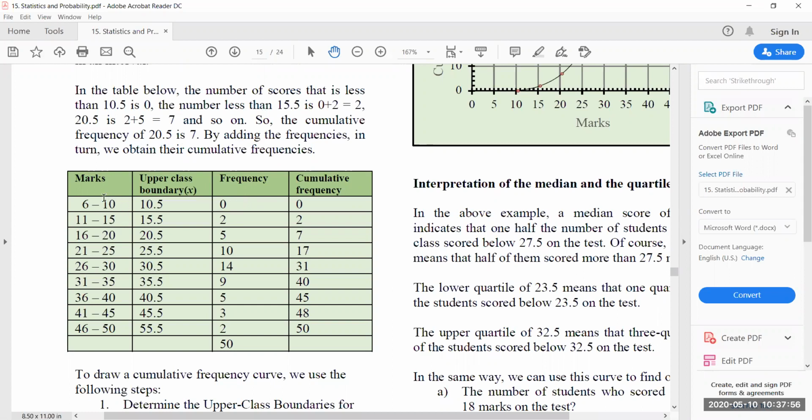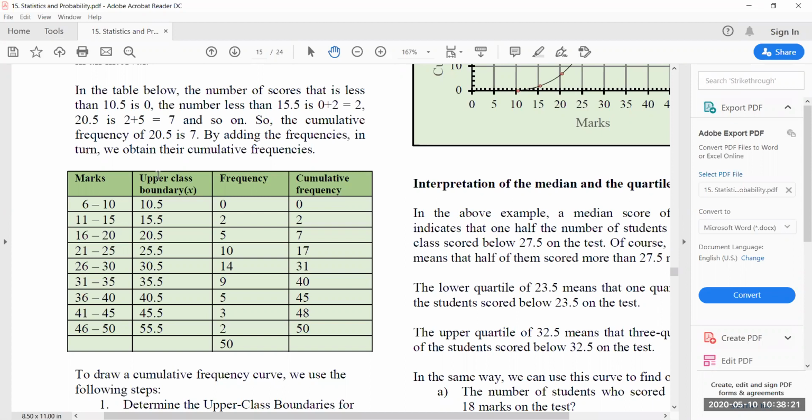The upper class boundary is what? We're looking at the upper class boundary here. Remember I told you, can anybody tell me the lower class boundary for the first one? 5.5. Remember, it's always 0.5 less than the lower class.